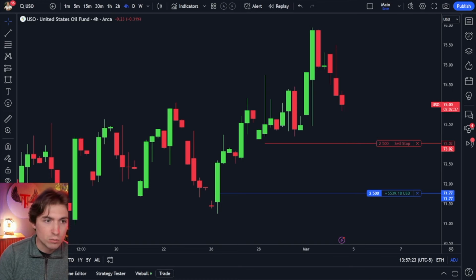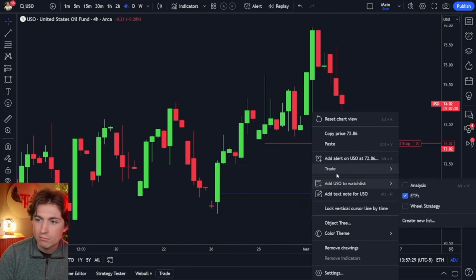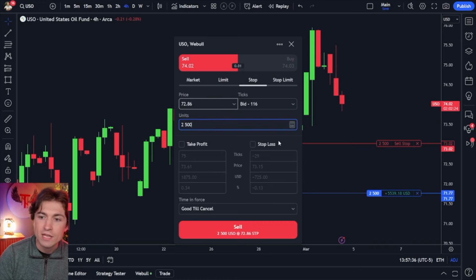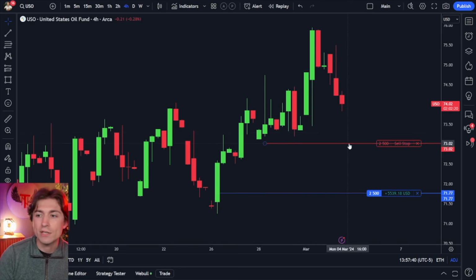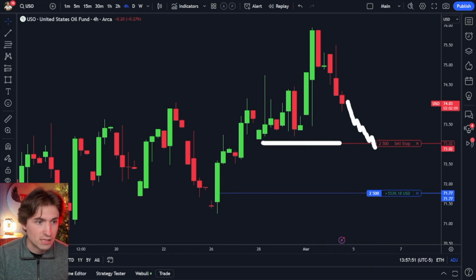So all I did was I basically right-clicked where I wanted to set my trade, and then I did trade, create new order, and I did a sell stop for 2,500 shares at this level. So again, that's how you can set a trailed stop in profit. So at this point, if this market comes down, it's going to trigger me at the best possible opportunity to sell upon crossing this level that I've marked in my broker.